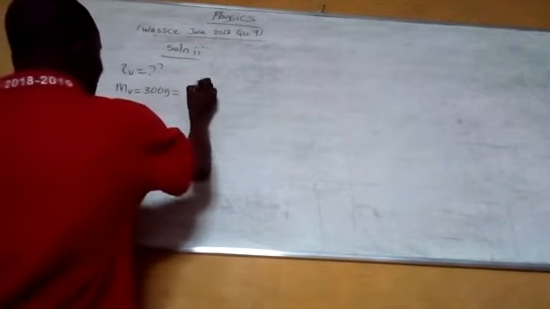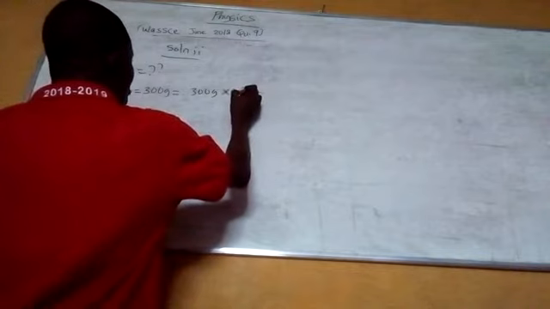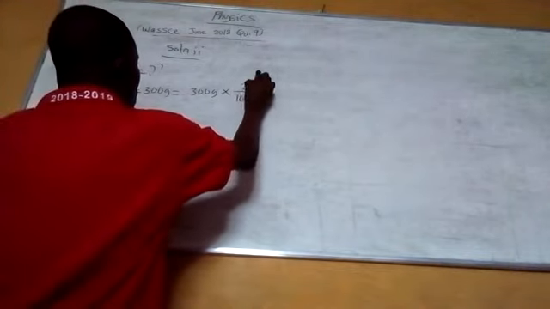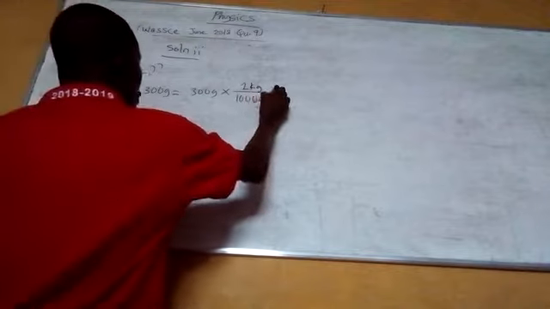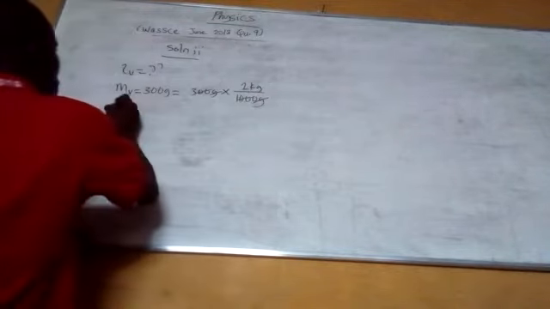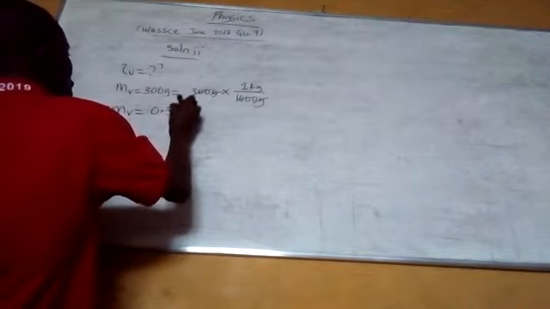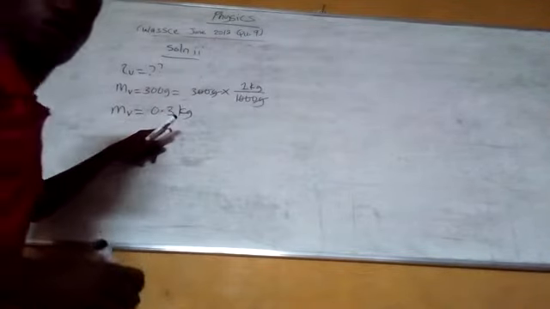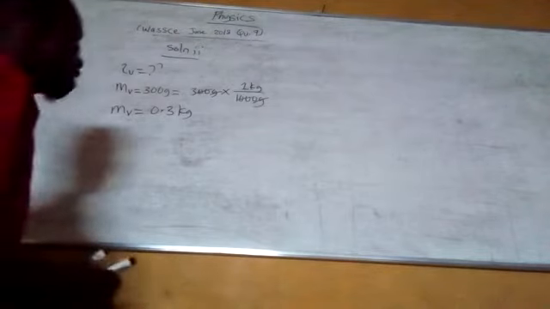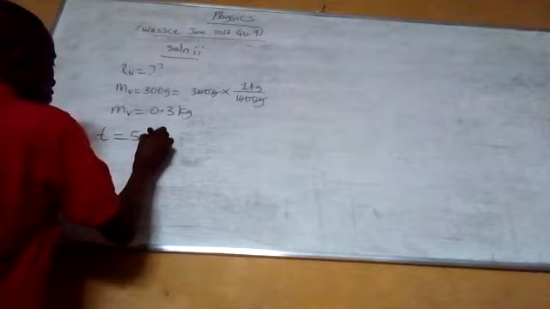So we know that for every 1,000 grams equal 1 kilogram. So gram cancels gram, 2 0 cancel 2 0. We have MV equal to 0.3 kilogram. So we have converted our value to kilogram, and we're also given the time to be 5 minutes.